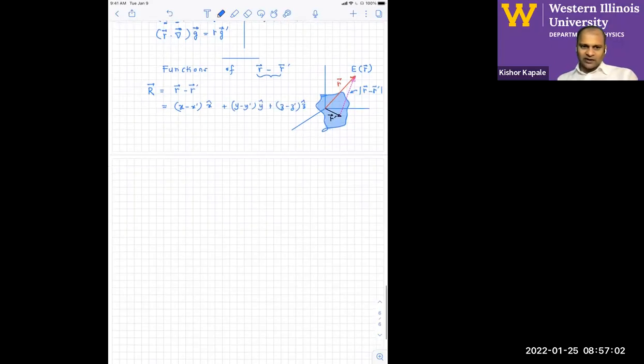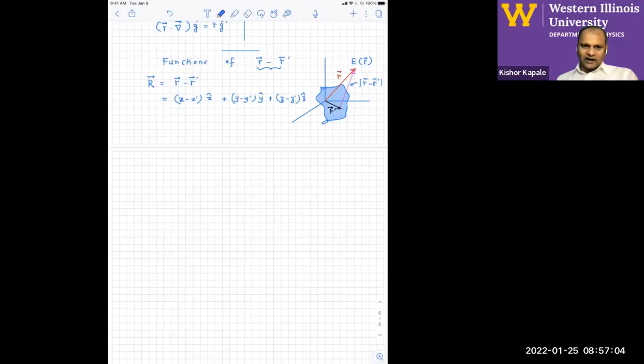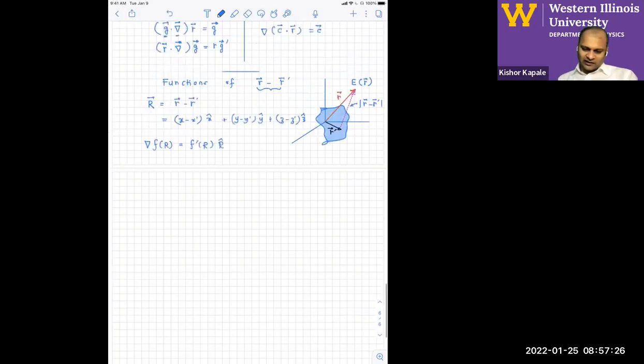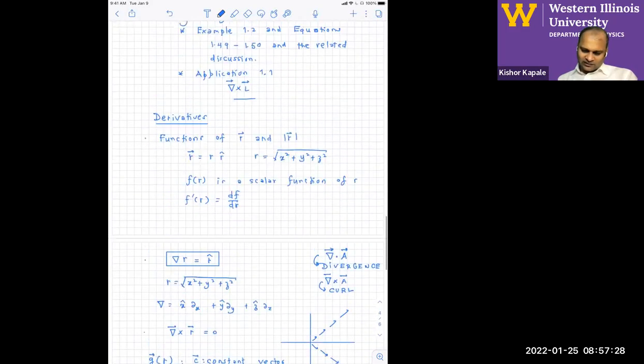That is just the Cartesian representation of this. We're going to be able to write those things down not just in Cartesian representation, but also in the spherical and cylindrical coordinate systems, as you will see later. If you take the gradient of f of r, now we have a scalar r. It's going to be just like in this case here.